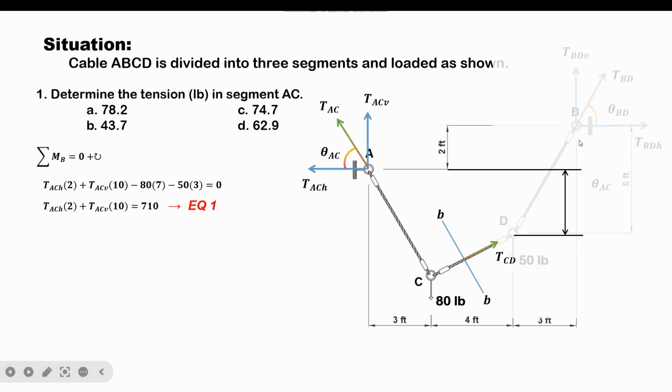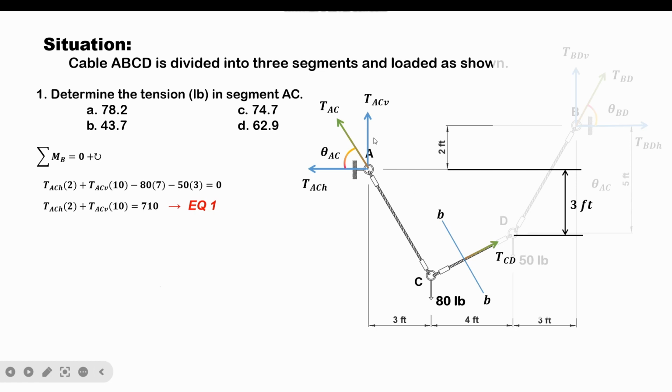Look at this one. The vertical distance between points B and D is 5, and the vertical distance between B and A is 2. So if this distance here, which is 5 feet, is subtracted by 2 feet, then we will get this distance here, which is equal to 3 feet.